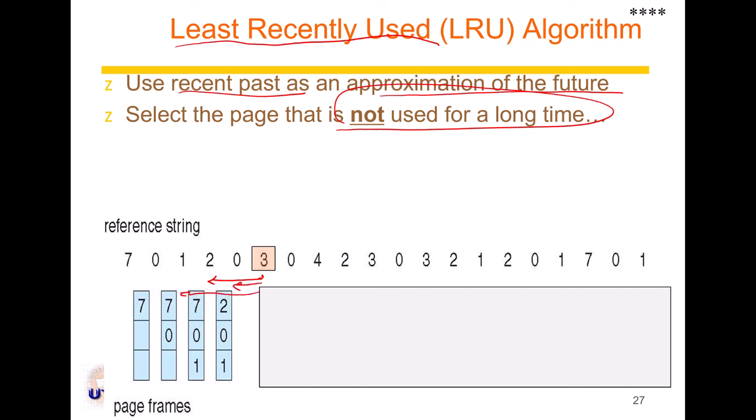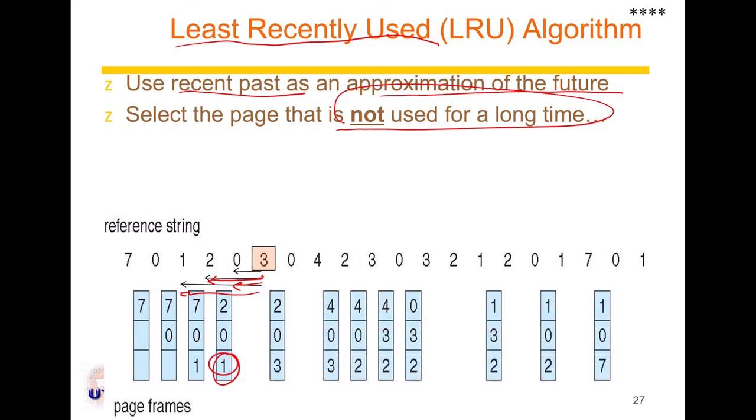So in this case, this one was not used for a long time. This is the page we can pick as a victim and replace, basically. So with that, we replace that page with 3. This will be our pages in the physical memory.